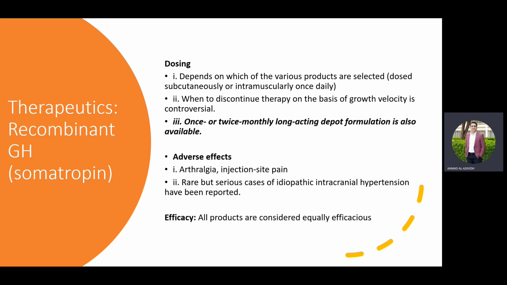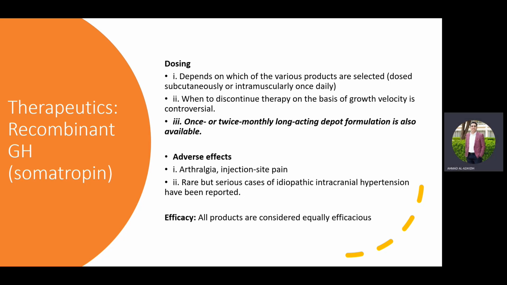So here, let's continue with dosing. Dosing actually depends on whether you are talking about a sub-Q or IM product. All of them are effective. They can be given in depot formulations like once or twice monthly, but also can be given on a daily basis.